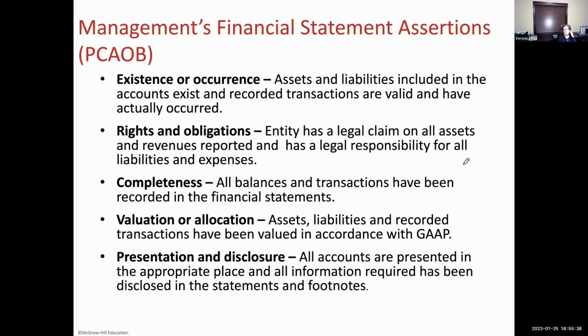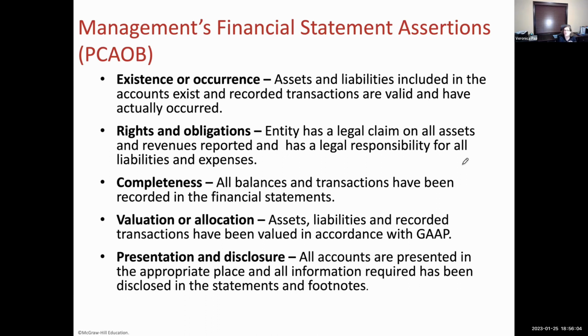So these are the management assertions, and each of these is what management is providing. And we as auditors, because this is done through the PCAOB, are providing our attestation services to assure that they are correct. Each account has a type of assertion. For example, for revenue, completeness is the issue.